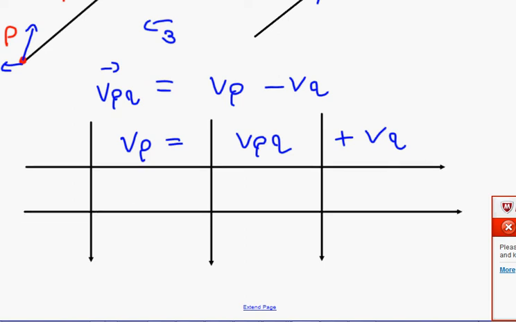And what we're going to get is magnitude and direction, or speed and direction. Now, speed of P? 3. Speed of Q? 8. Direction of Q? West. 1, 2, 3. 3 pieces of information only.